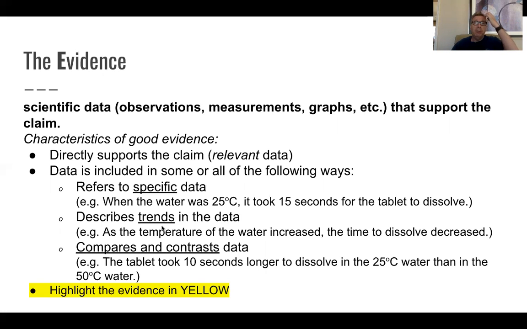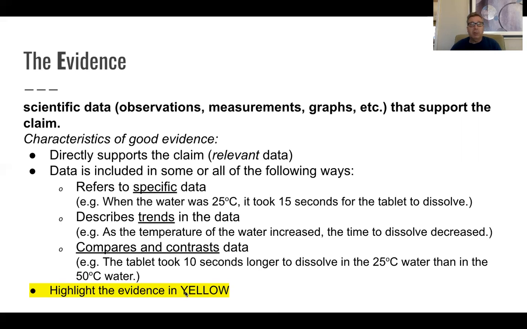So a good way to do quantitative is specific data, right? So it's 25 degrees Celsius. It took 15 seconds, right? So that is data. Trends and compare and contrast, those are qualitative, right? So, as the temperature of the water increased, the time to dissolve decreased. That's qualitative, right? That's describing what's going on.